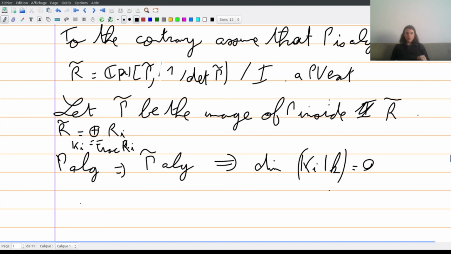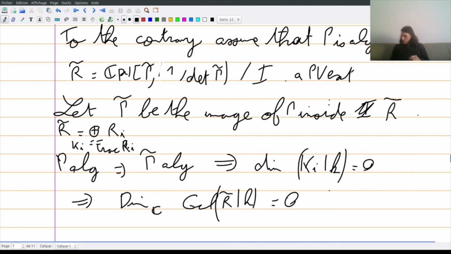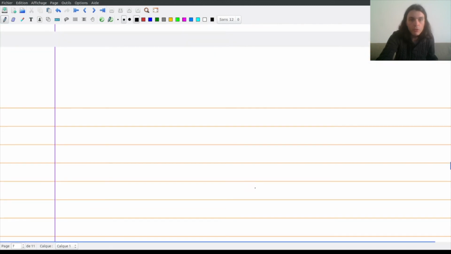Since every element is algebraic, there are no transcendental elements, and it means that the dimension of the Galois group is 0. So it will help us to compute the Galois group.